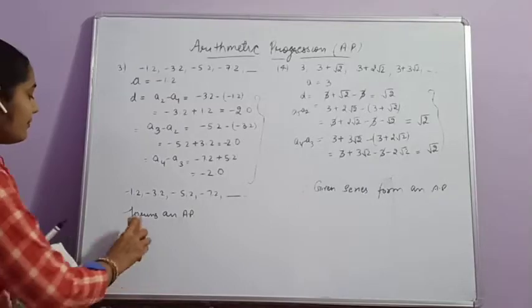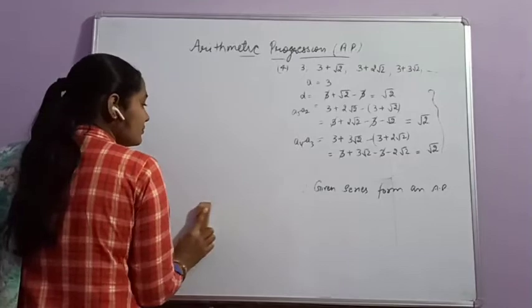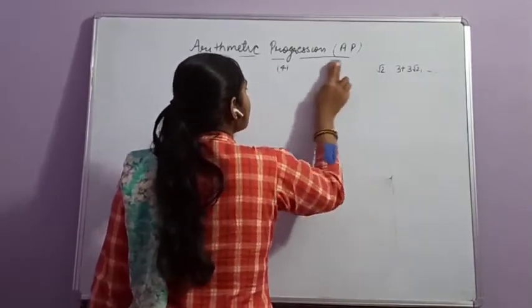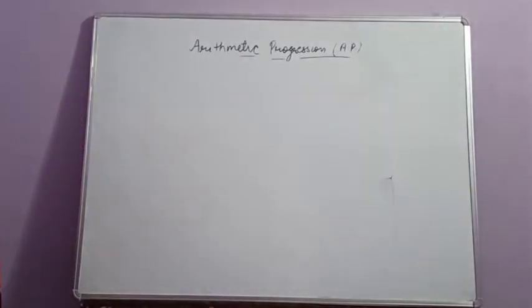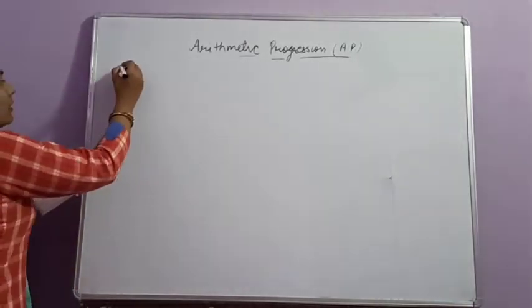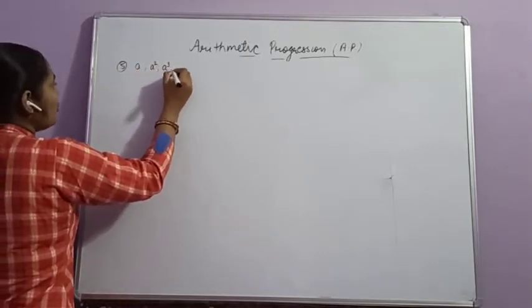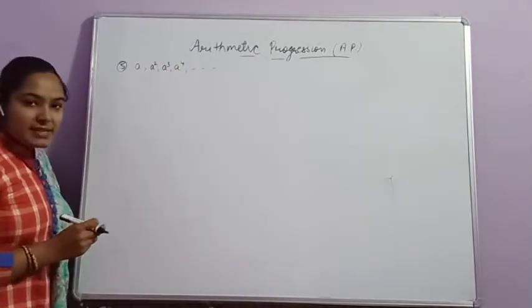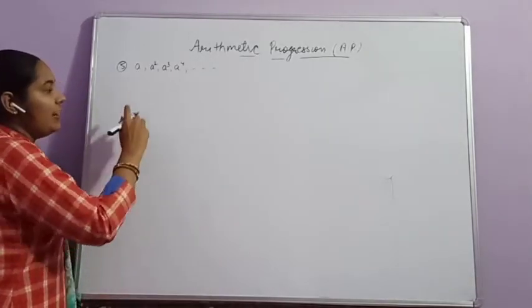Next, a, a square, a cube, a4. First of all, the first term is a, the second term is a square, the third term is a cube and the fourth term is a4.